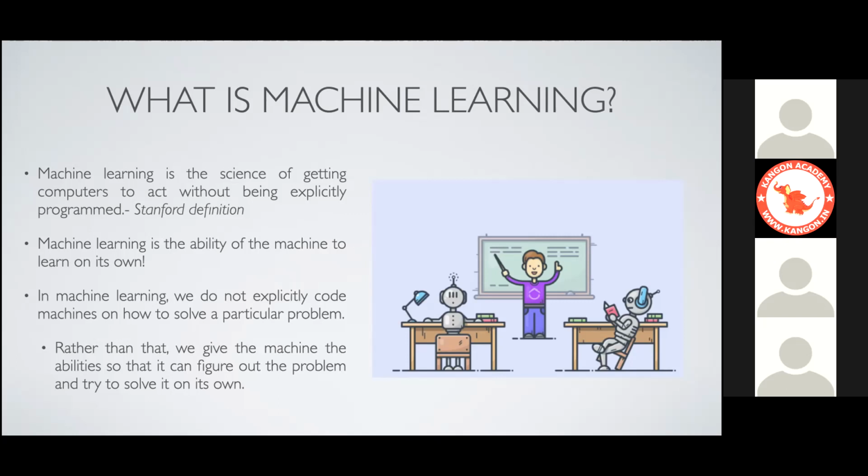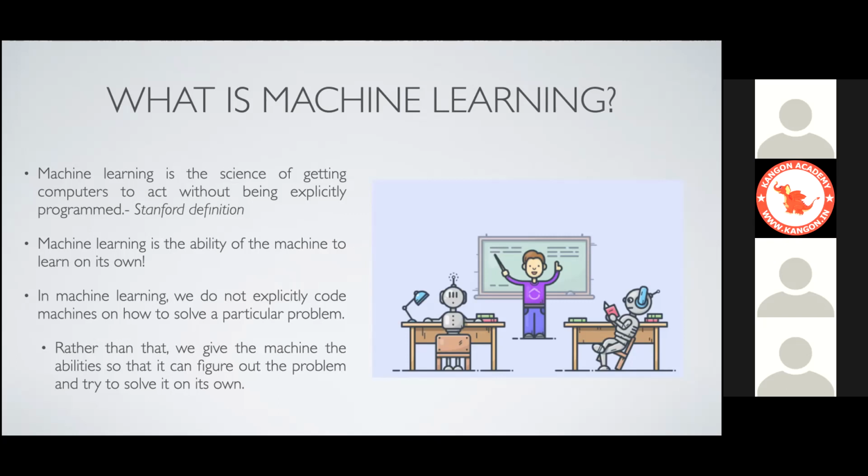The idea is that we give all the ingredients necessary to solve the problem. The machine will take the ingredients and start trying to solve the problem. As it moves forward, it will start learning.